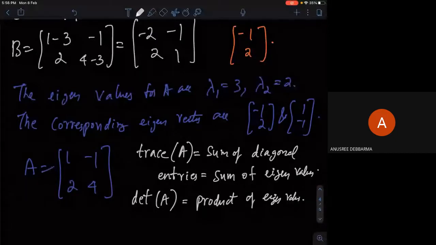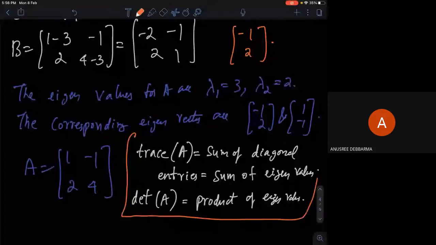This might be a much easier way to find the eigenvalues than the method we just used. So the trace, the sum of the diagonal entries, is the same as the sum of the eigenvalues, and the determinant of the matrix is the product of the eigenvalues. Two crucial properties. We see this in this example, and this is true for all matrices.